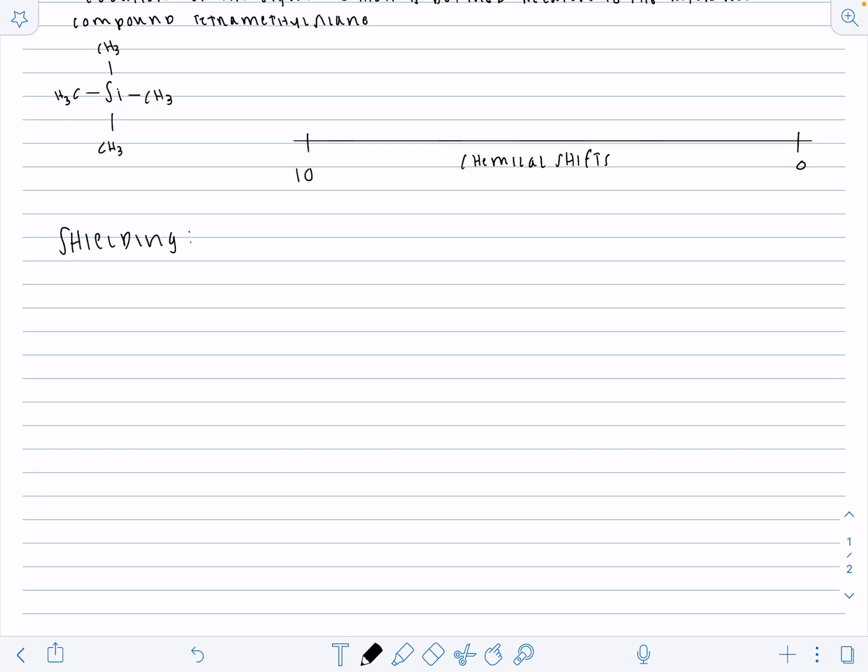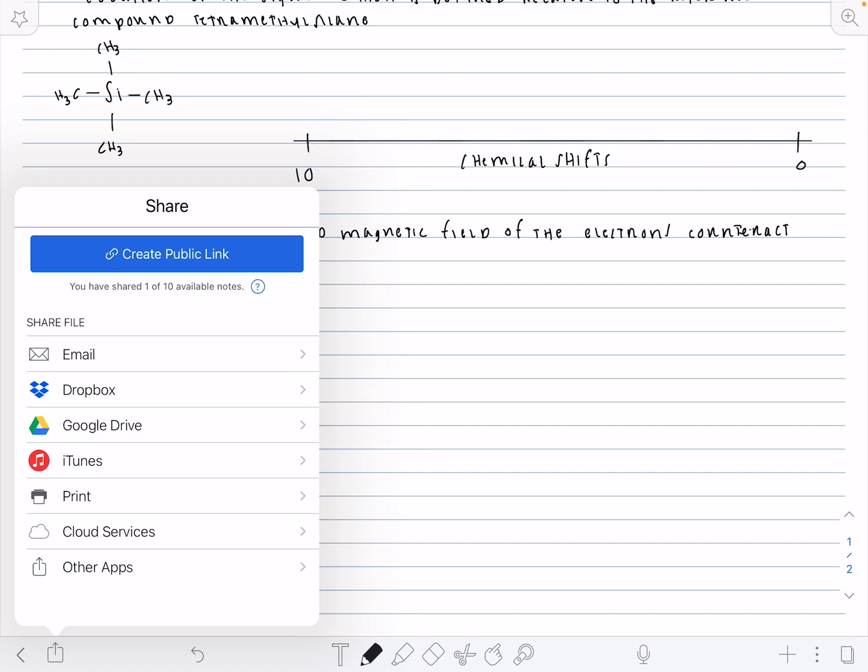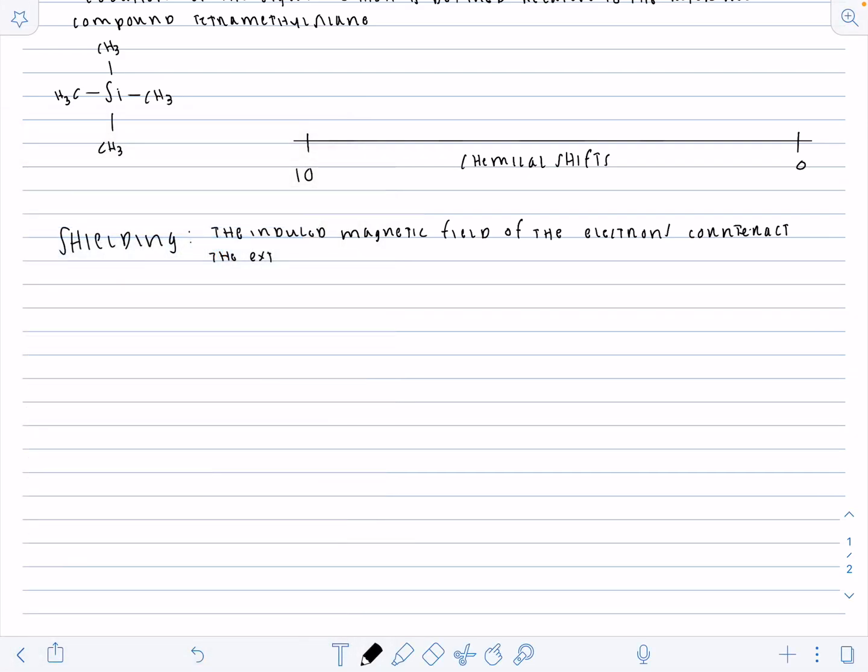So shielding happens because the induced magnetic field of the electrons in an alkane, alkene, alkyne counteracts the external magnetic field. And we know that the external magnetic field can be abbreviated as B0, as I like to say.